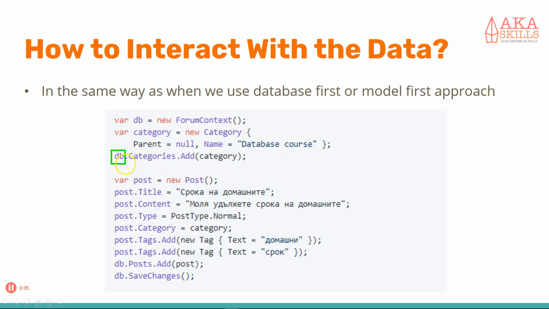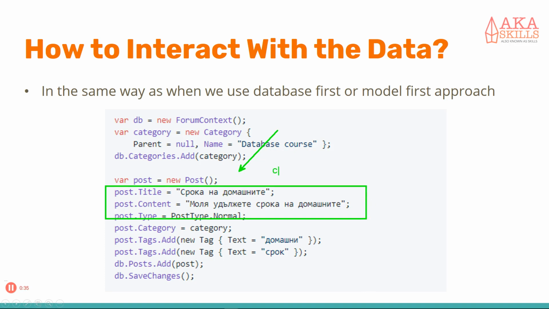After that, we're saying database.Categories.Add, and we're providing our category. After that, we're saying var post equals new Post, and here we're setting parameters. In that case, we have language which is in Cyrillic. What I want to show you is that you can also have the things in Cyrillic and they're still working.